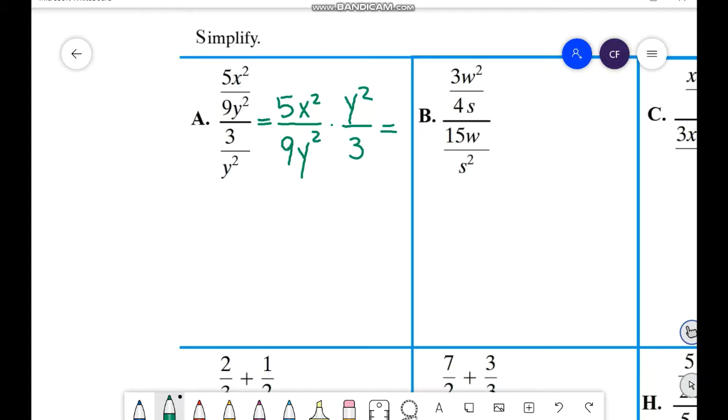Okay? Check if you can simplify something. Yes, y squared we can simplify with y squared. And as I can see, this is the only thing that we can simplify. The answer is 5x squared over 9 times 3, 27. This was method number 1.